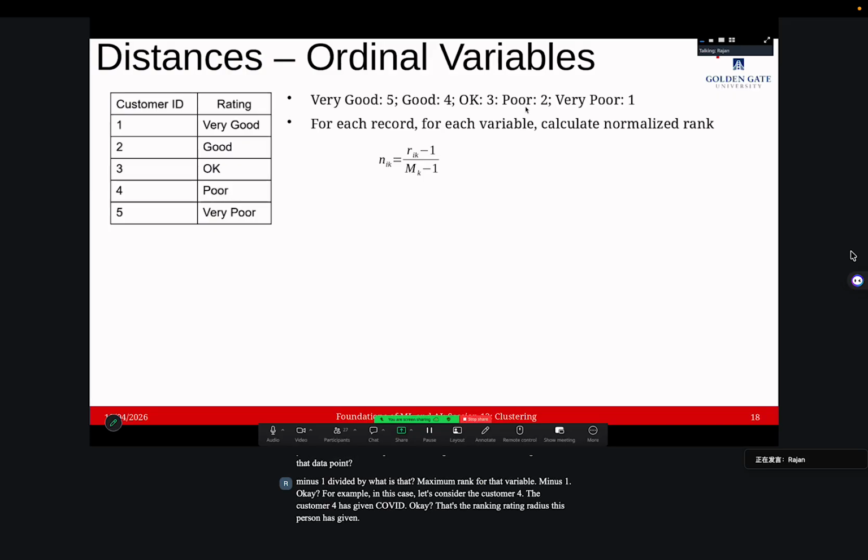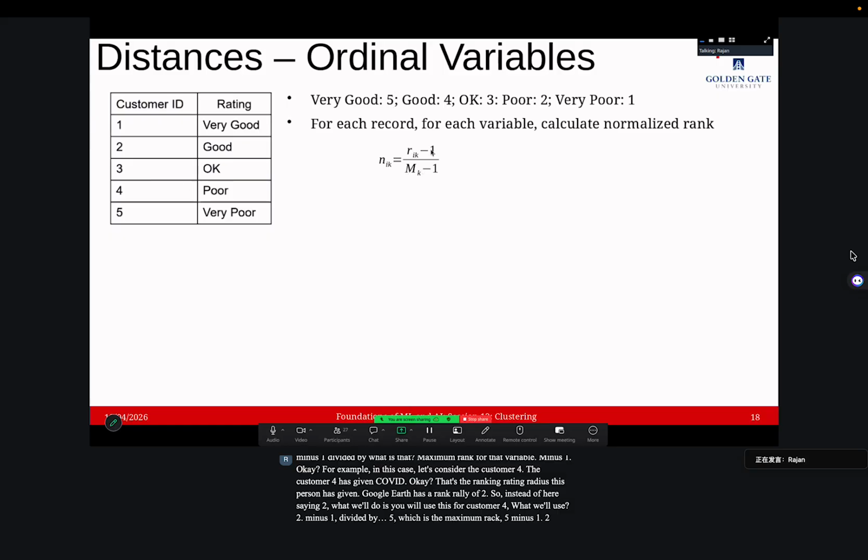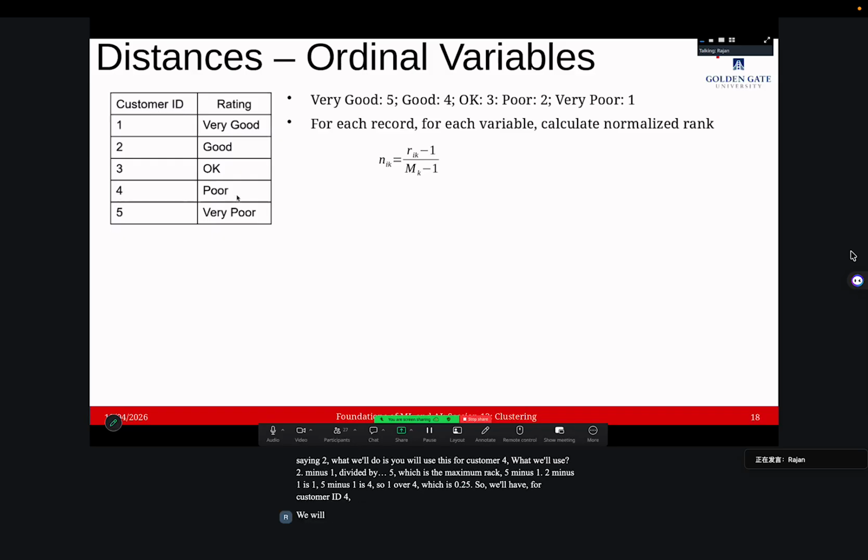Poor has a rank value of 2. So instead of saying 2, we will use 2 minus 1 divided by 5, which is the maximum rank, minus 1. 2 minus 1 is 1, 5 minus 1 is 4. So 1 over 4, which is 0.25. So for customer ID 4, we will say that person gave a rating of 0.25 in the normalized rank.